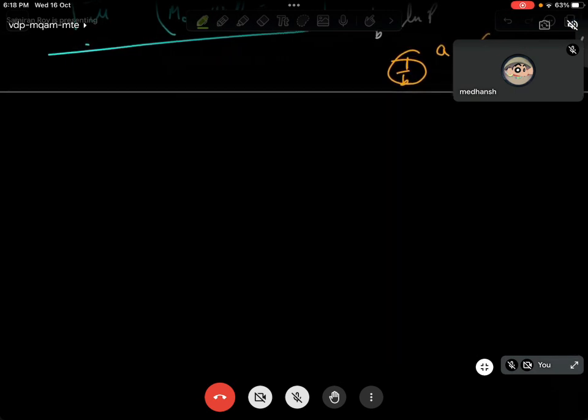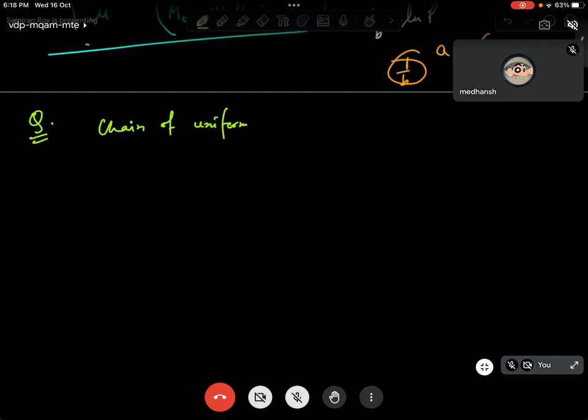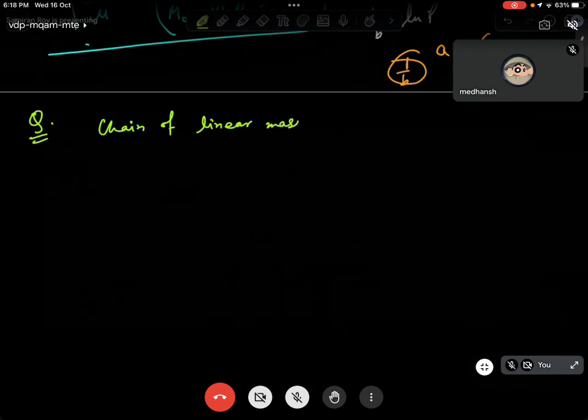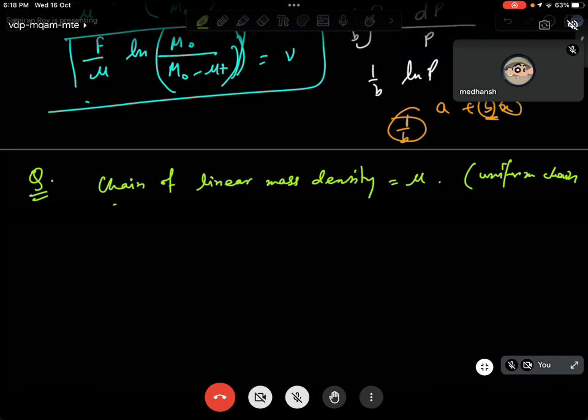So the question is: a chain of uniform linear mass density mu, equal to mu. So this is a uniform chain. The linear mass density is constant. Mass density is mu.